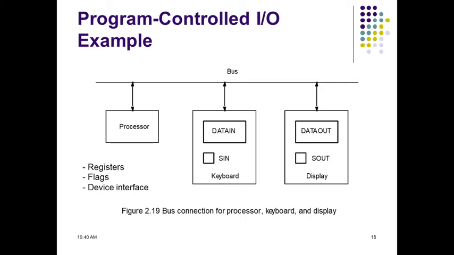This device interface helps in transferring data from the keyboard to the processor, then from the processor to the display. The circuit for each device is connected to the processor through a bus, so the bus acts as a medium here.